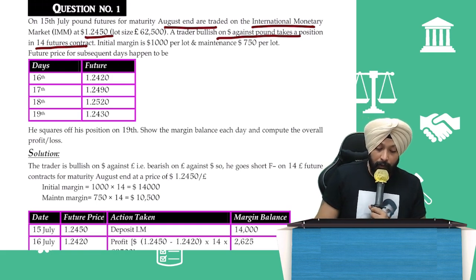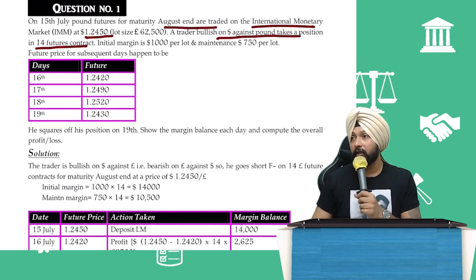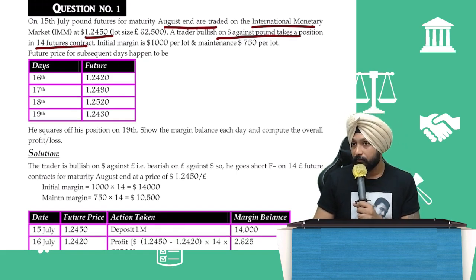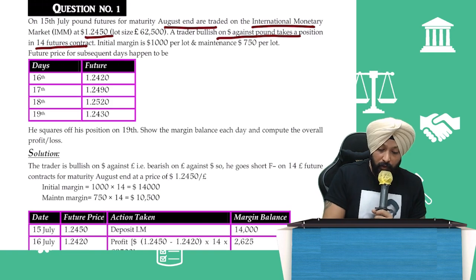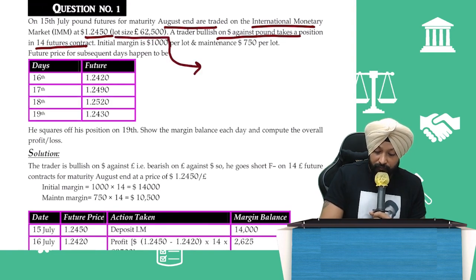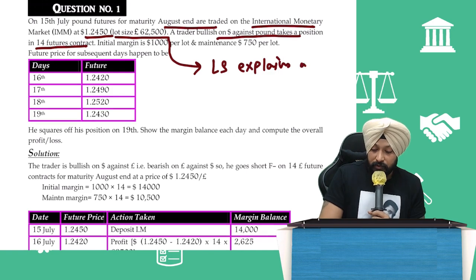Okay. Another thing, guys, very, very important is that if they did not say these are pound futures, then also we know this is a pound future because of the currency in which lot size is given. Lot size explains what currency future is available.